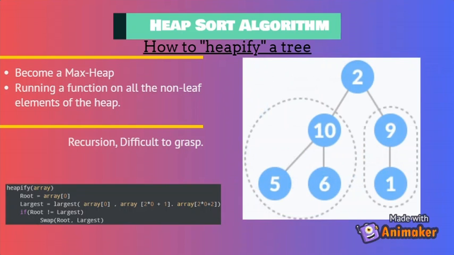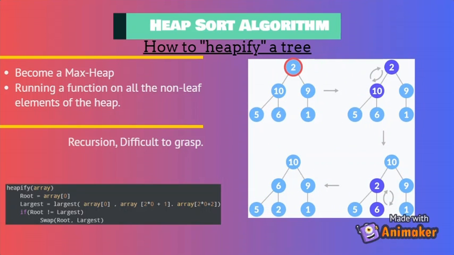Now let's think of another scenario in which there is more than one level. How to heapify a root element when the top element isn't a max heap but all the subtrees are max heaps. To maintain the max heap property for the entire tree, we will have to keep pushing 2 downwards until it reaches its correct position.